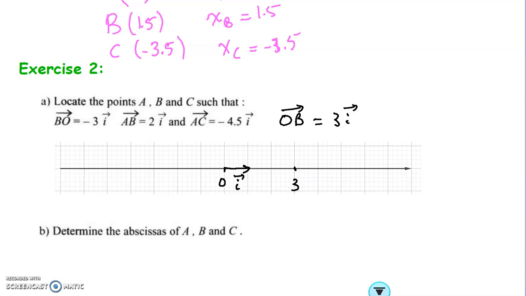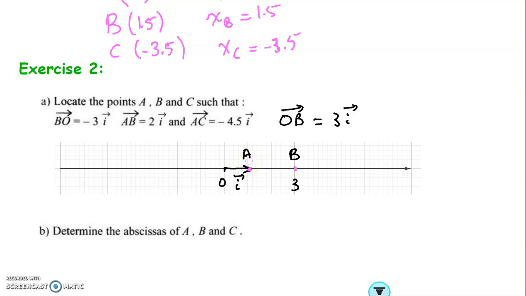And AB is 2i. So from A to B, I will have to move 2 units to the right. So A has to be here. Okay, so this is A, this is B, and finally AC should be minus 4.5i.